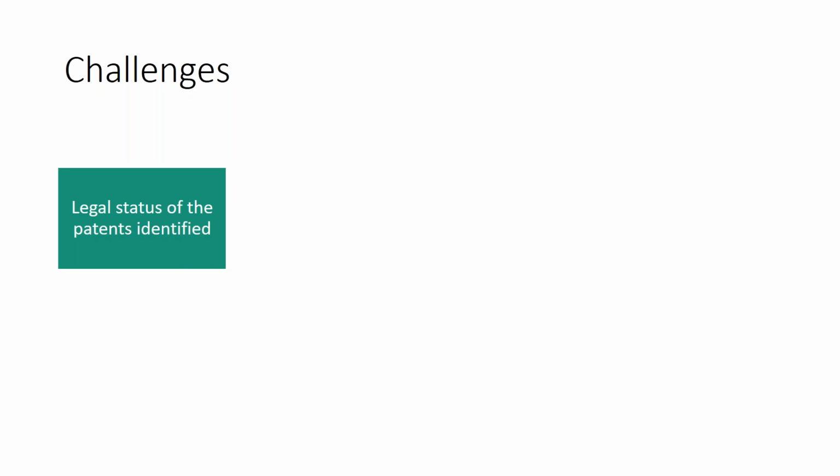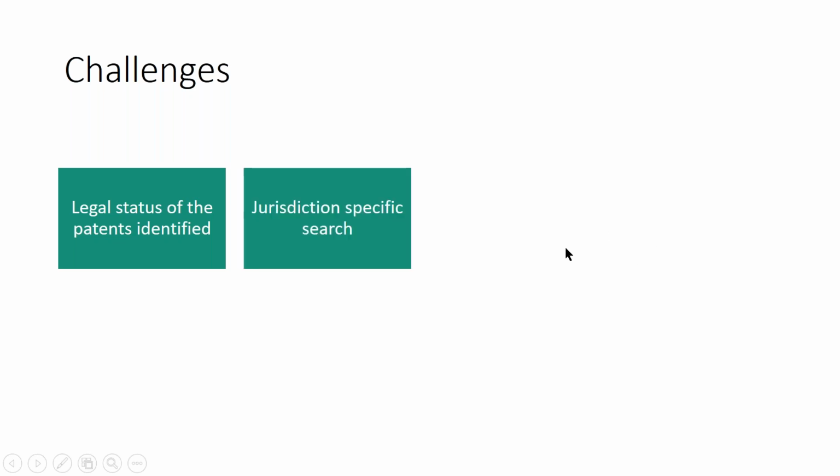Suppose you have to check the legal status of patents in the territory of India, then you will go to the Indian Patent Office website, search that particular patent by its number, and then check the legal status of the patent to find out whether it's expired or still alive.